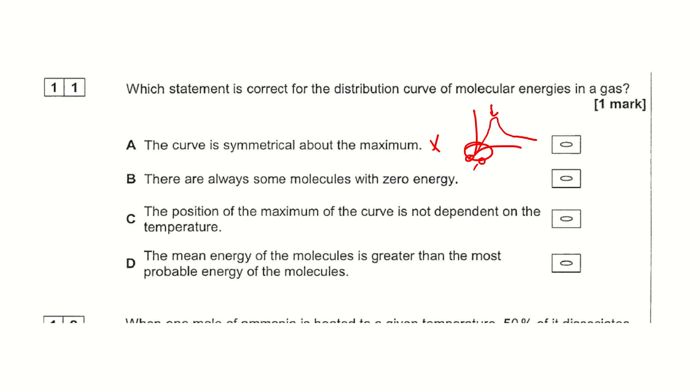The position of the maximum of the curve is not dependent on temperature. Well, it's not; it's dependent on the number of molecules. The mean energy of the molecules is greater than the most probable energy of the molecules. No, it's definitely not. So the answer is D.